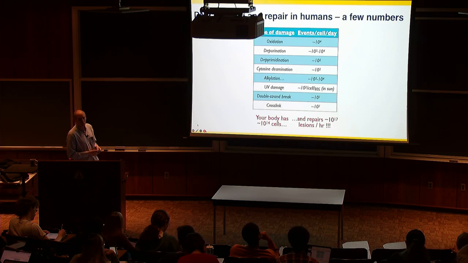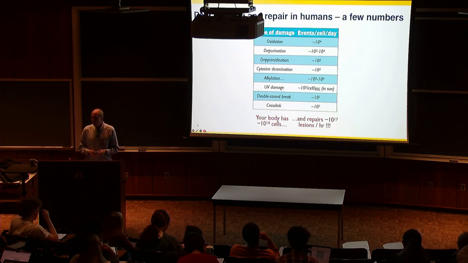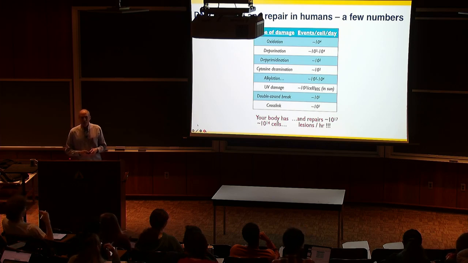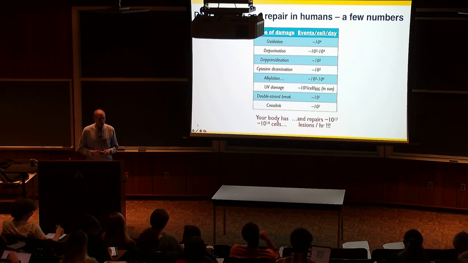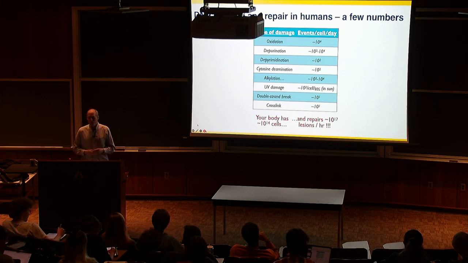Hopefully all of them have been repaired. But 10 to the 17, that's even bigger than the national debt. So 10 to the 17 is 100 million billion. Okay, so there you have it. So you learned about repair and you've been doing repair. What more can you ask for? Thank you.